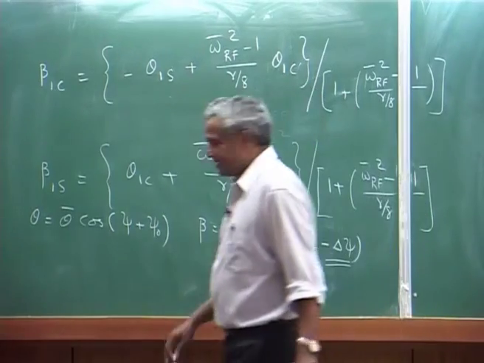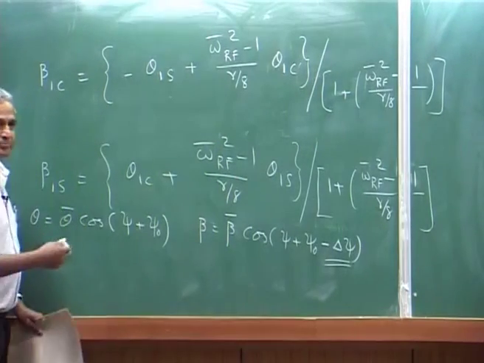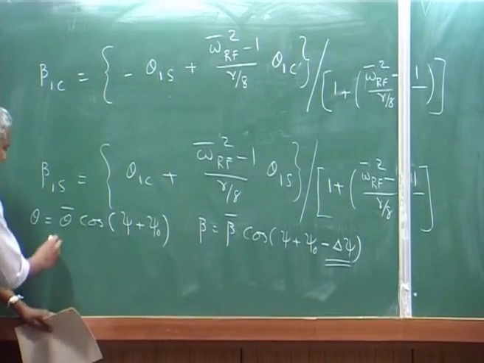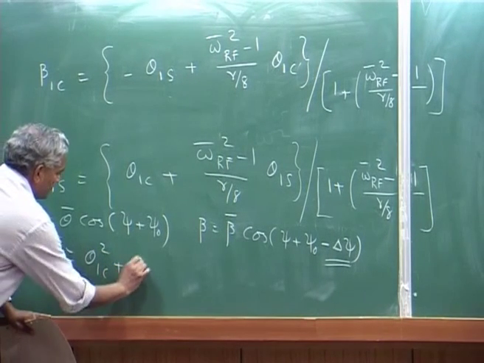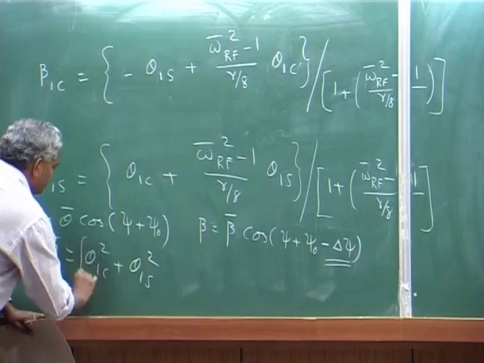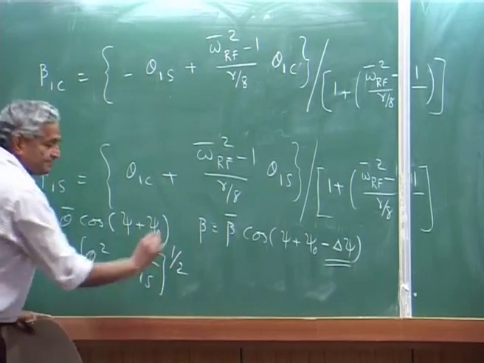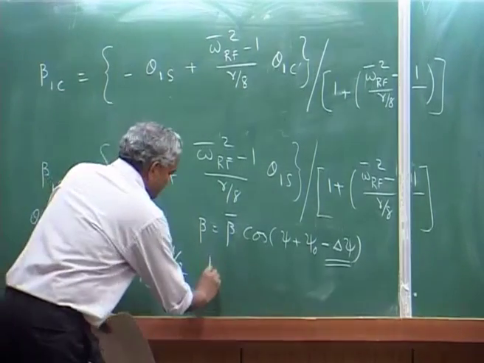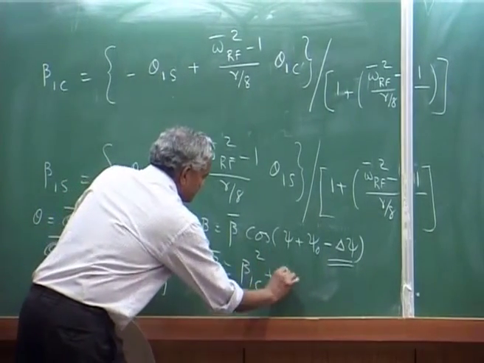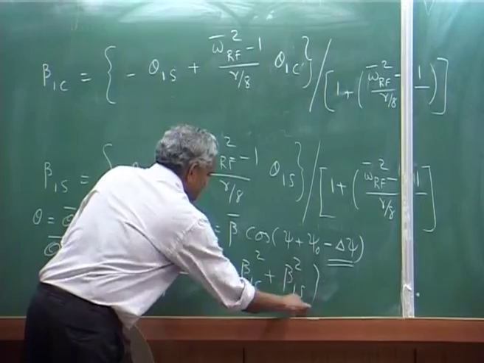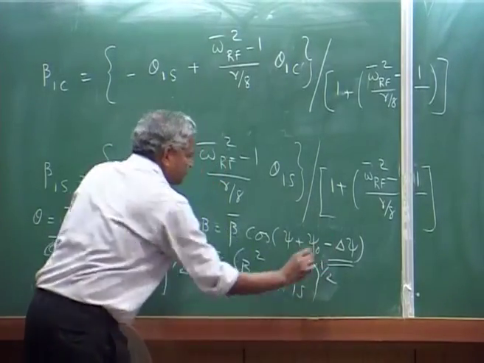Theta bar is actually the magnitude of input, that is under root, and beta bar is beta 1c square plus beta 1s square, half.